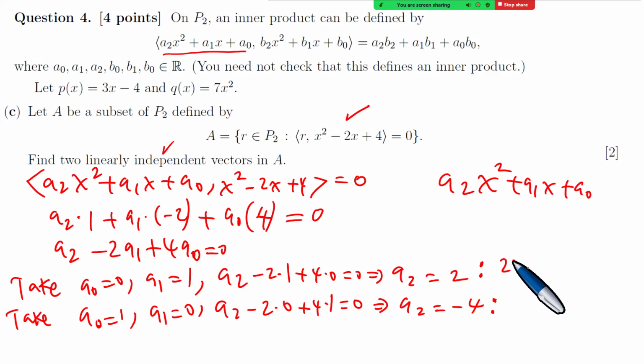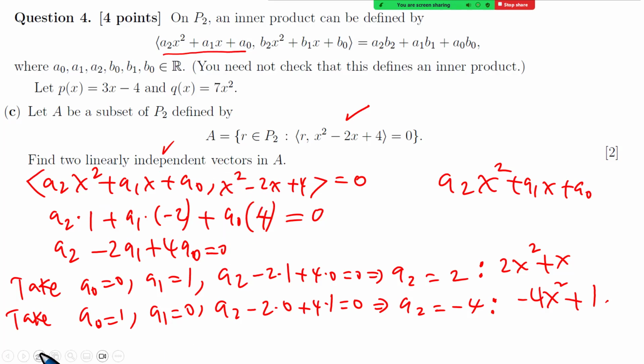A2 is 2, x squared; A1 is 1; A0 is 0. And the other one: A2 is minus 4x squared, A1 is 0, and then A0 is 1. Okay, so we get these two polynomials. These two polynomials were to find two linearly independent vectors in A.